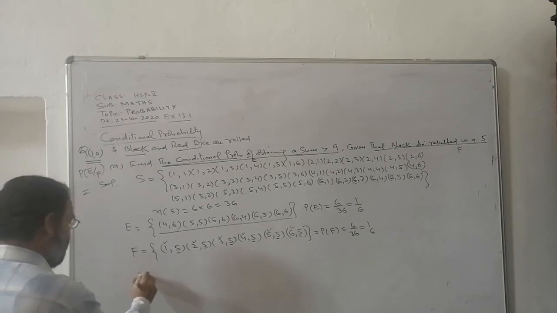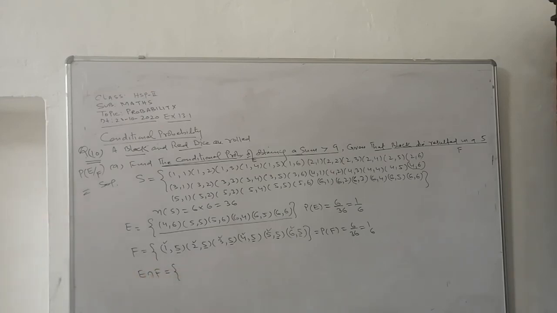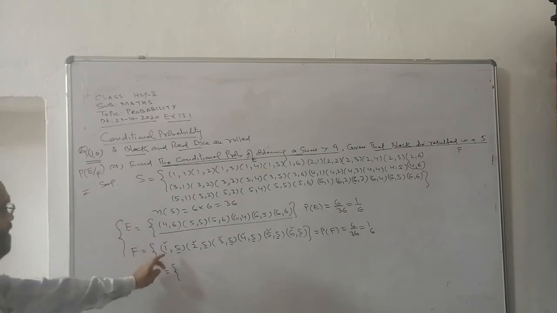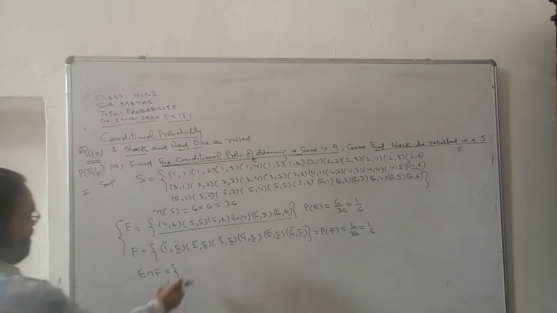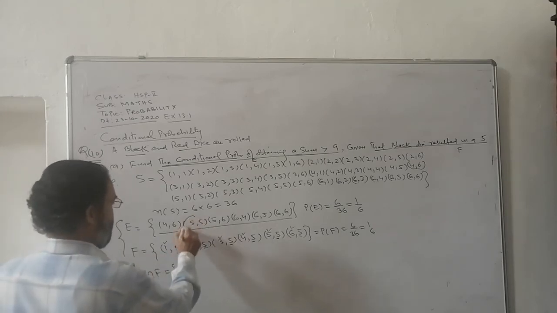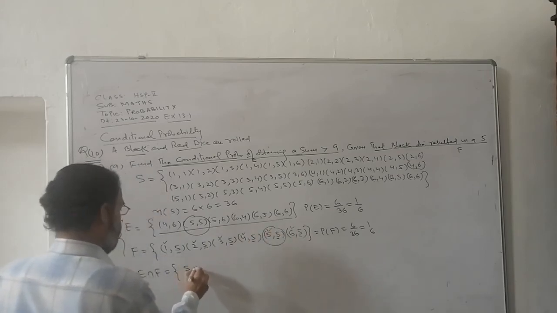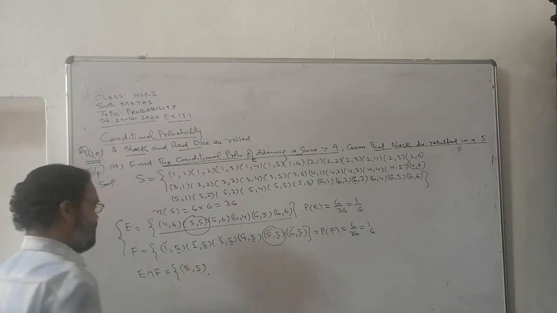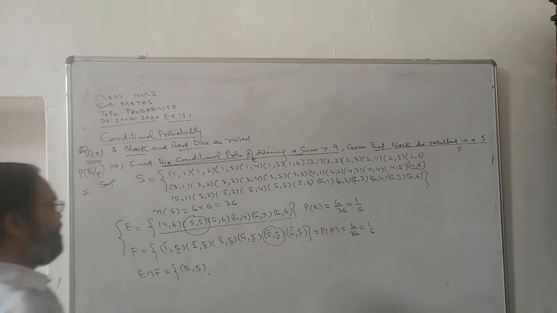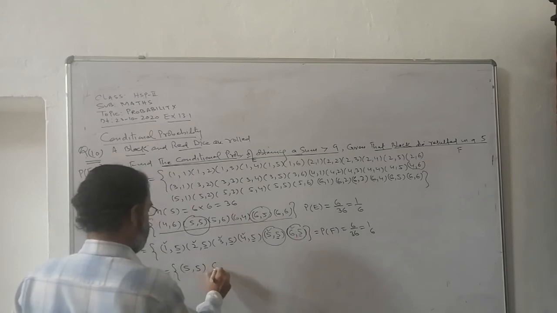So E intersection F. We have to find the favorable points, the common points in these pairs. One common point is (5, 5). So I can write (5, 5) is 1 point. Then (6, 5) is another point.